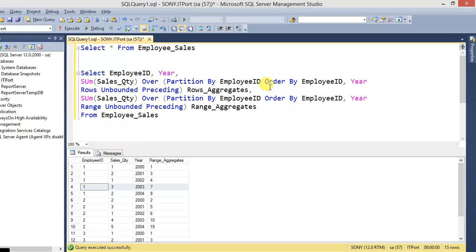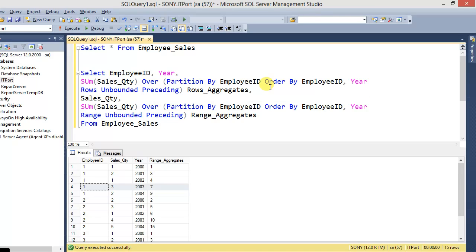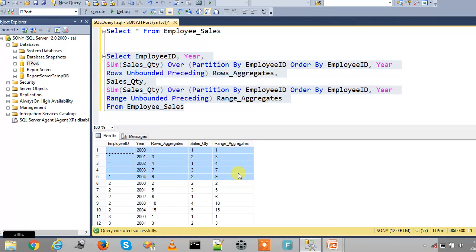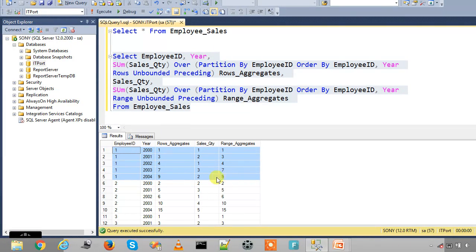See, the sales quantity is fixed between these two aggregates. These are the ROWS aggregates, and these are the aggregates with RANGE. Is there any change between these two aggregates?